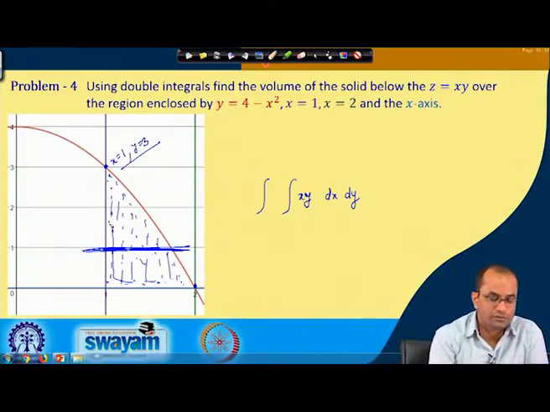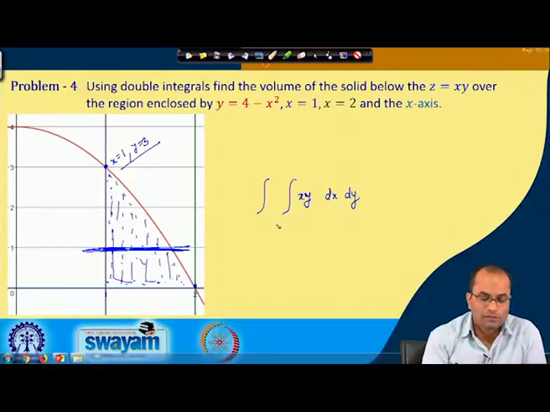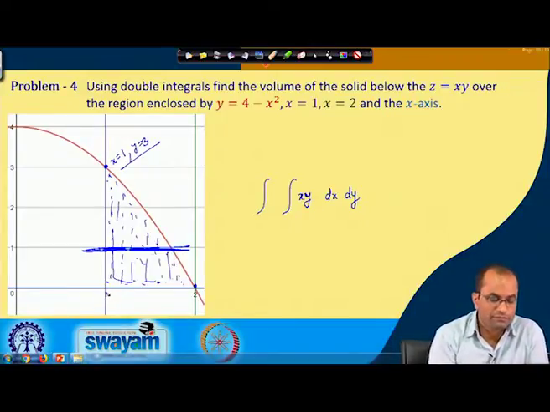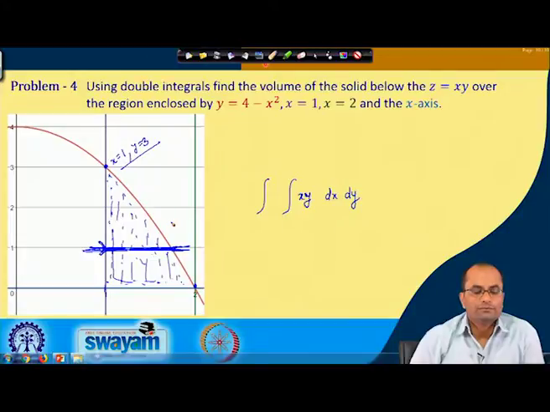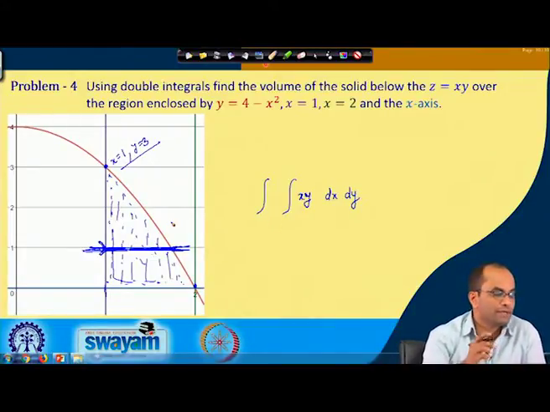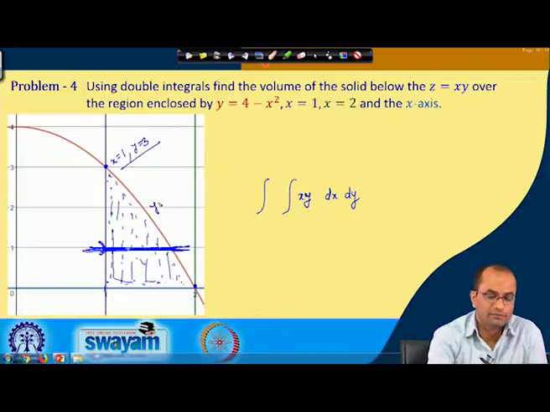For the limits of x, we enter the domain from the line x equals 1, and the exit point is the parabola y equals 4 minus x squared, so x equals the square root of 4 minus y.